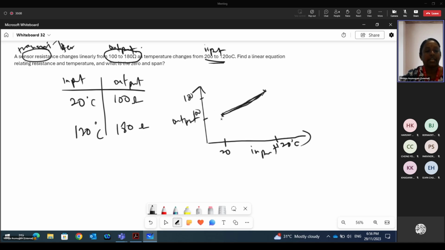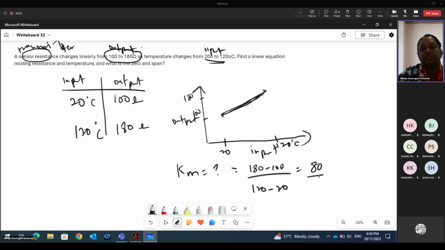From here we can calculate the transmitter's gain by finding the slope. The slope is the y-axis difference divided by the x-axis difference, which is 80 divided by 100, equals 0.8 ohm per degree Celsius.